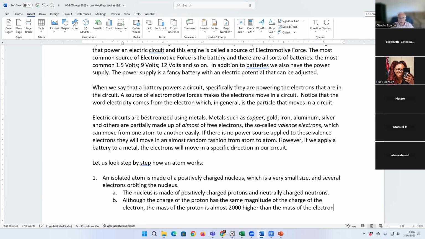Remember that. To be more precise, it is 1,800 times greater.